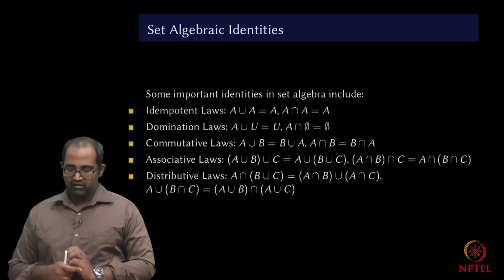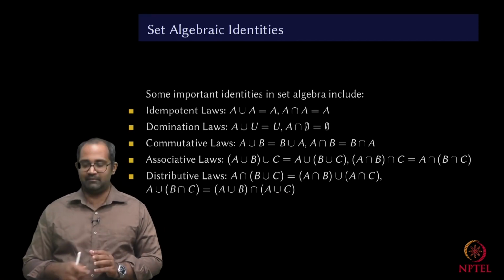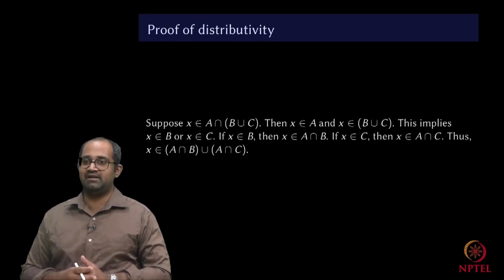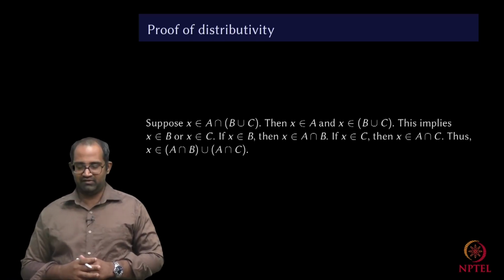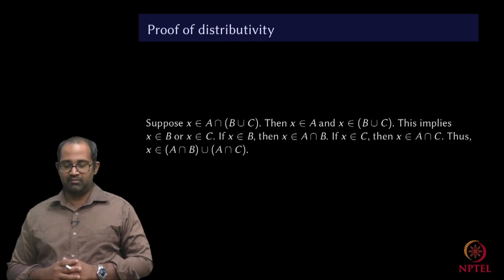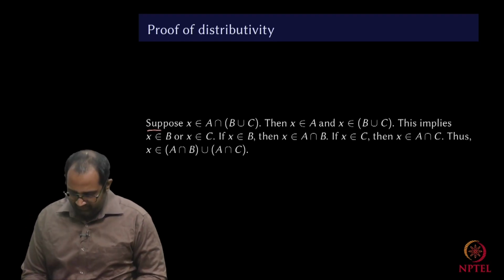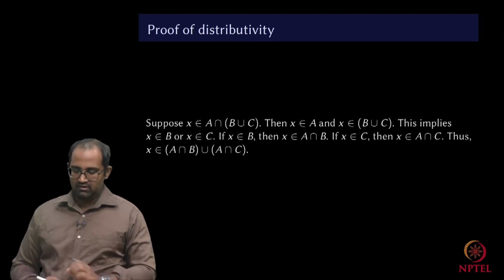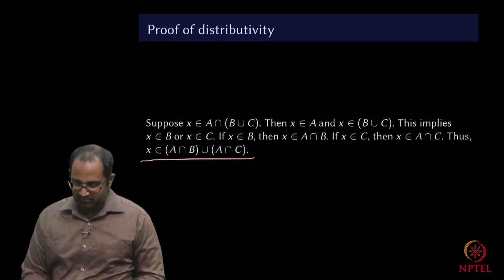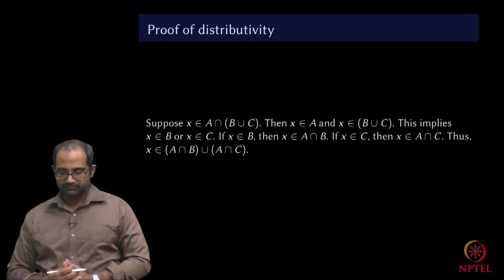Now, for some satisfaction, let us see just one proof of one of the identities. It is not really a hard proof, it is just 3 lines. I am going to show one of the distributivity laws. Suppose x is in A intersection (B union C). The goal is to show that x is in (A intersection B) union (A intersection C).